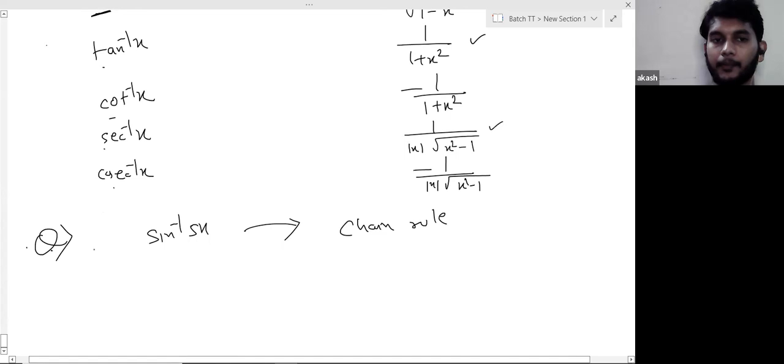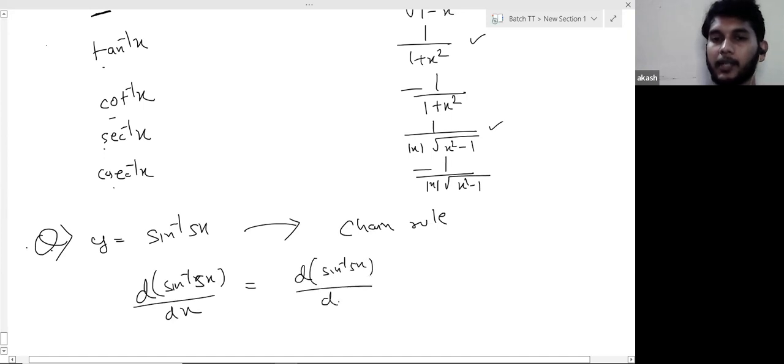The body and soul thing. So if you have y equals this, then dy/dx, we can write as the differentiation of sine inverse 5x with respect to 5x first, and then the differentiation of 5x with respect to x, right, Kinza?